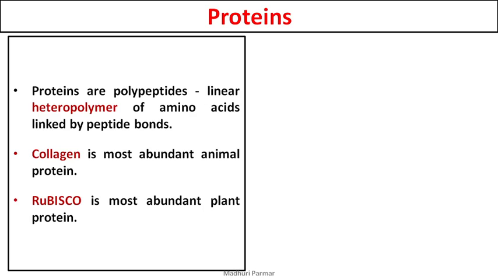Ribulose bisphosphate carboxylase oxygenase, that enzyme which we will study in the next chapter, which is photosynthesis. Rubisco is an enzyme which helps in this photosynthesis process. Clear? So collagen is abundant in animals, rubisco is abundant in plants.